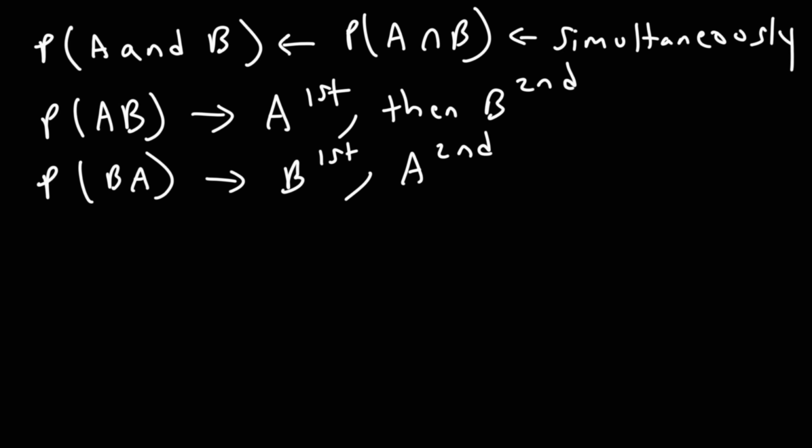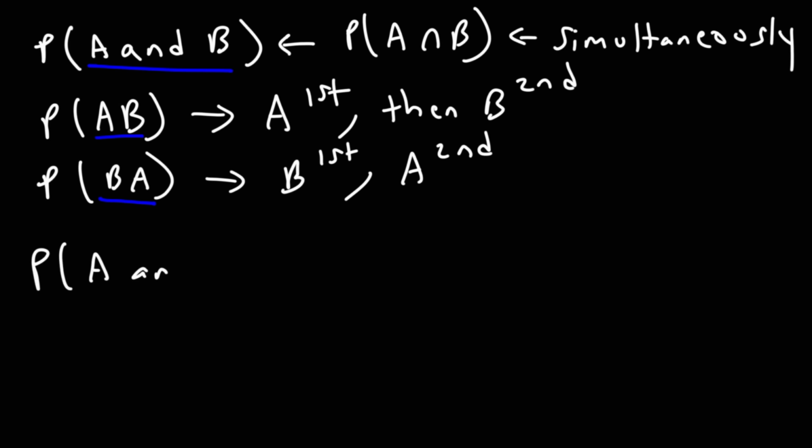Personally, when I write out probability symbols, I like to do it this way. When I write the probability of A and B, I mean that events A and B are occurring simultaneously at the same time. When I write it this way, I'm describing where event A occurs first and then event B occurs second. So here event B occurs first and event A occurs second.